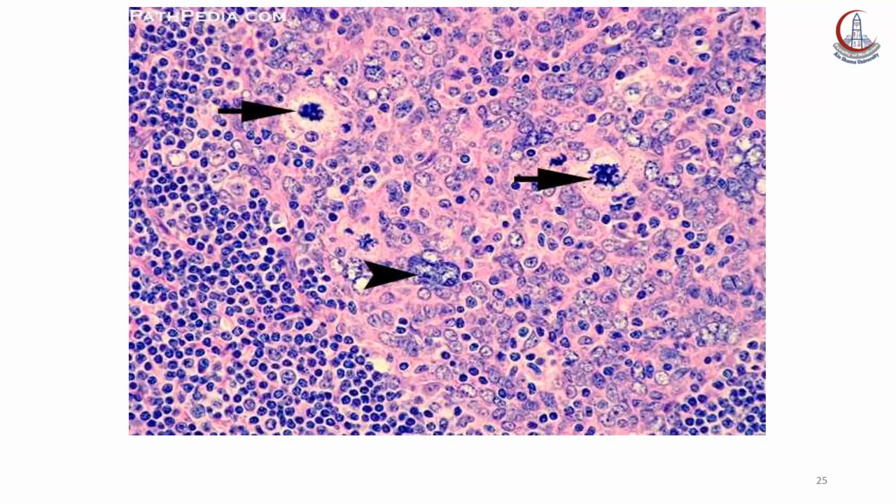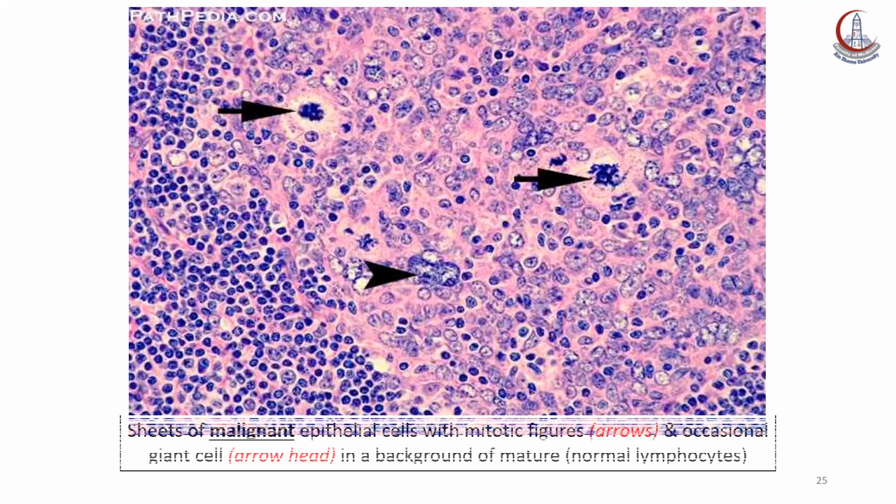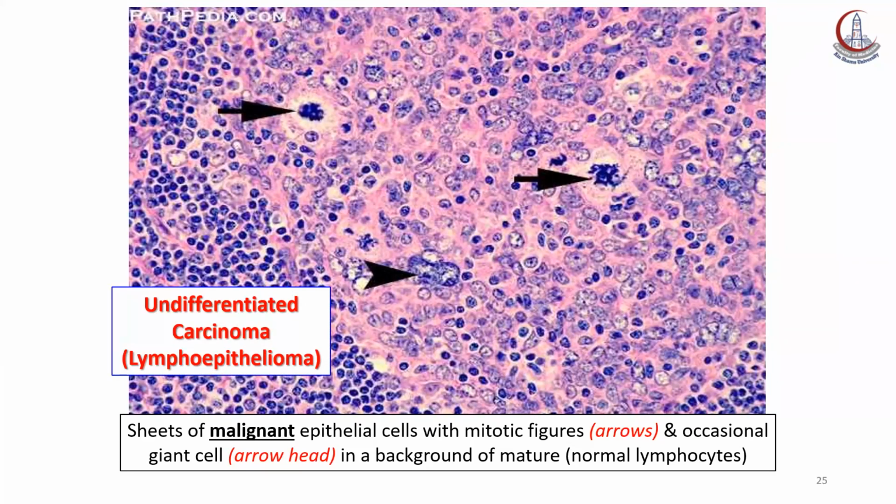The high power showed large epithelial cells with scattered mitotic figures and a few multinucleated cells, intermingled with small lymphocytes. So this is undifferentiated carcinoma of the nasopharynx, and we have another name for it. We call it lymphoepithelioma because it consists of two cell types, epithelial cells and lymphocytes.